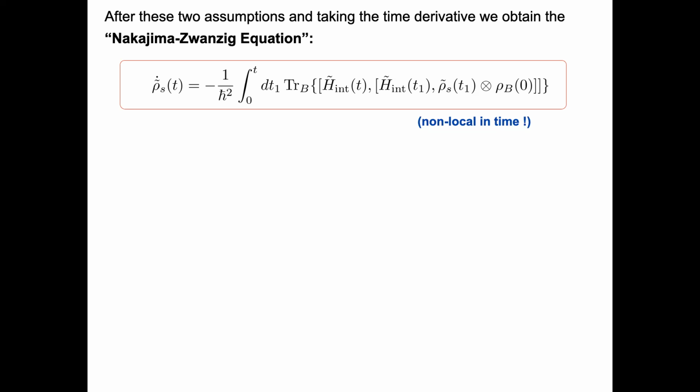And this function back then was very sharp, almost a delta function, and this allowed us to get rid of this integral and make a time-local equation. So we're now trying to do the same, in the same spirit, but the mathematical objects that we have here look a little bit different.